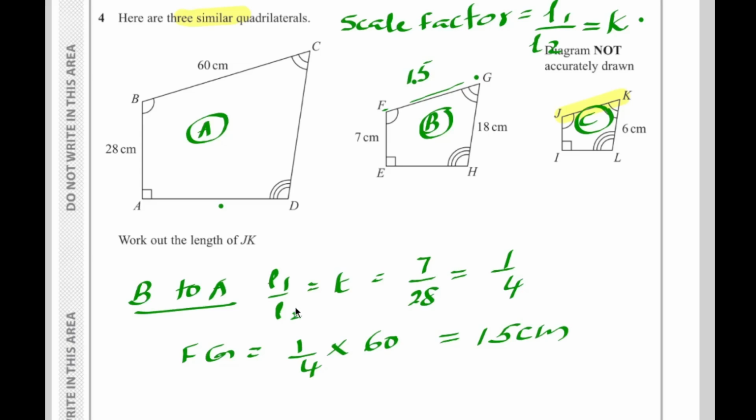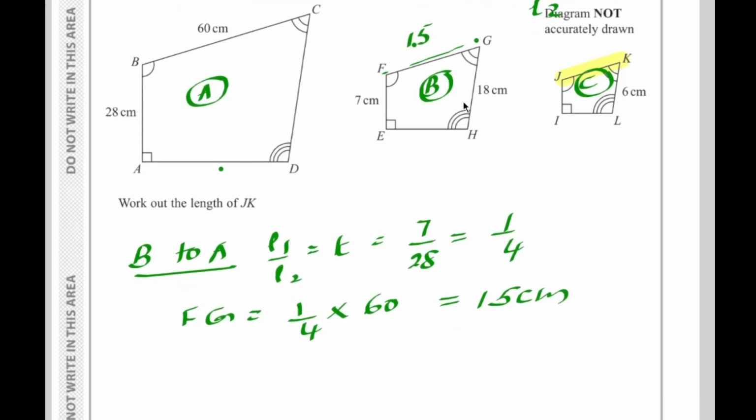Now again, let's focus on these two. Now I need to get the scale factor again. Now I'm getting the scale factor from C to B. So if I'm getting the scale factor C to B, again let's write L1 over L2, which becomes the scale factor of these two. How to get it? L1, it is 6.